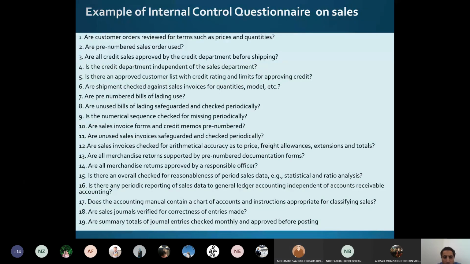So in number 12, we are trying to check the accuracy, whether the numbers in terms of the total of the invoices are correct, and in terms of the total of items there. So we are checking the accuracy. Okay, so this one is trying to check whether they perform accurate recording in the list of the invoices. Number 13.